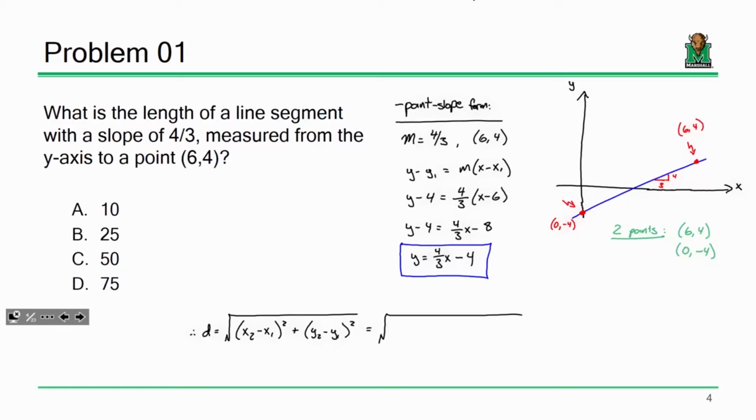So we've got 6 minus 0 squared plus 4 minus negative 4 squared. So that's the square root of 6 squared plus 8 squared. So that is the square root of 36 plus 64, which is the square root of 100.